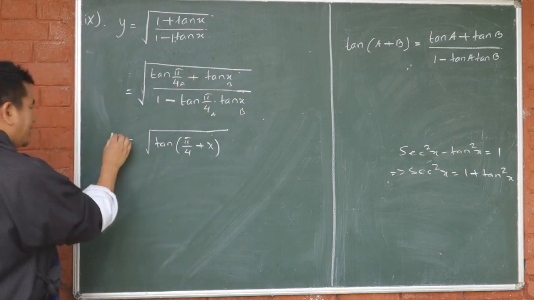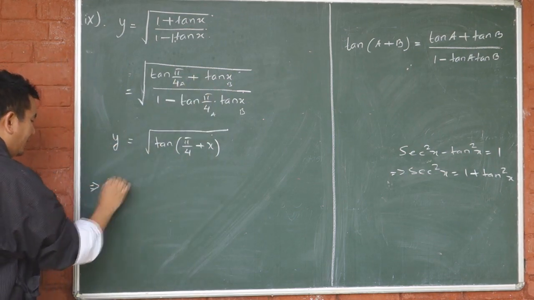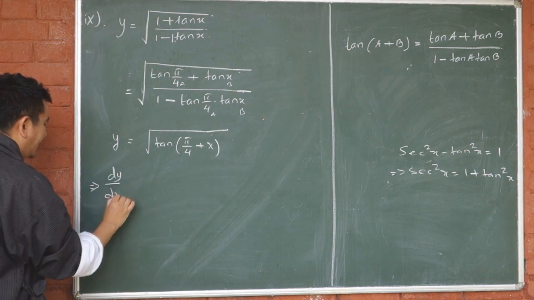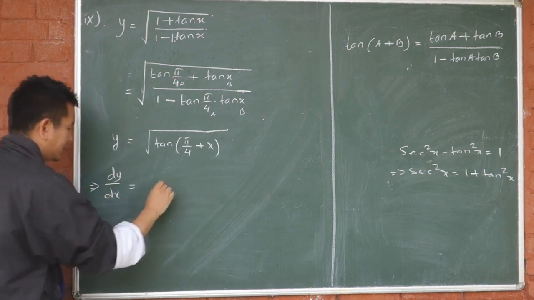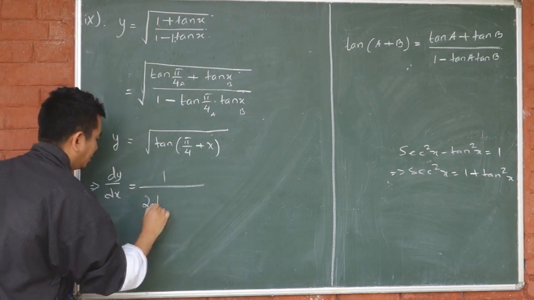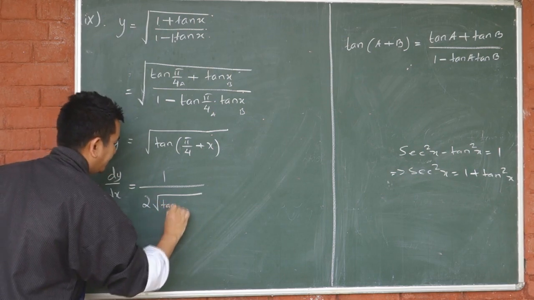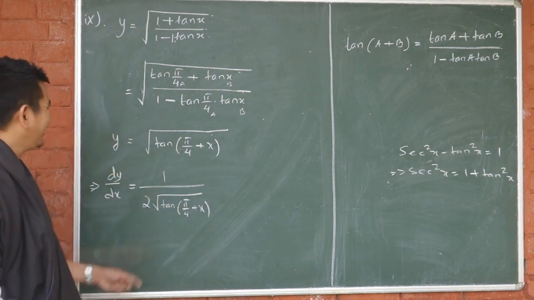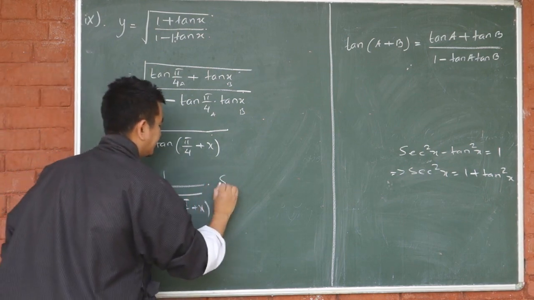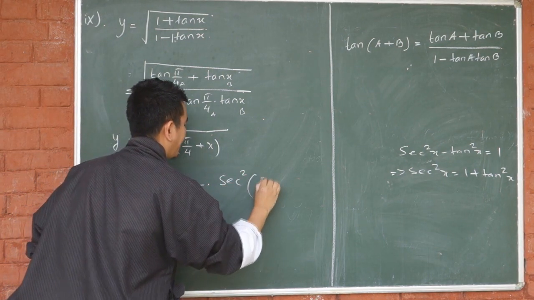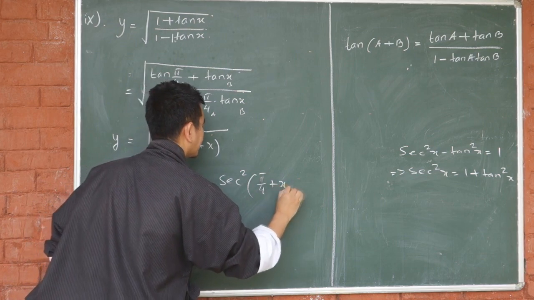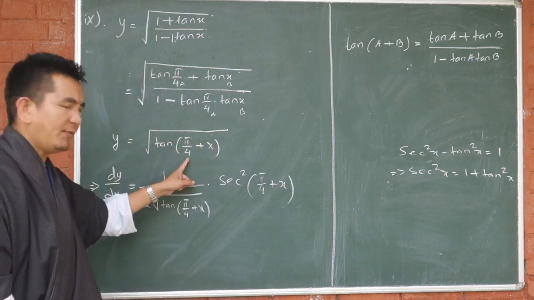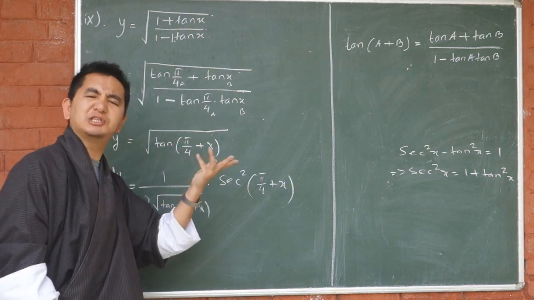Now it will be much easier by differentiating this function. We have dy by dx. First differentiate root, which gives 1 by 2 root of tan(pi by 4 plus x). Then differentiate tan, which is sec square(pi by 4 plus x). Right? Tan pi by 4 is a constant. Differentiation of a constant is 0.